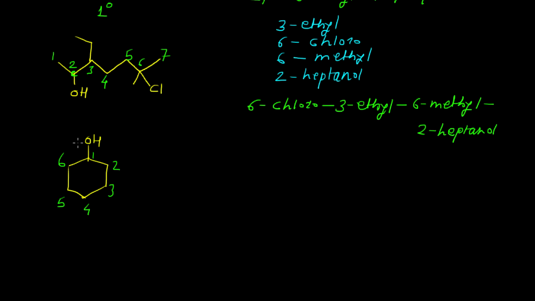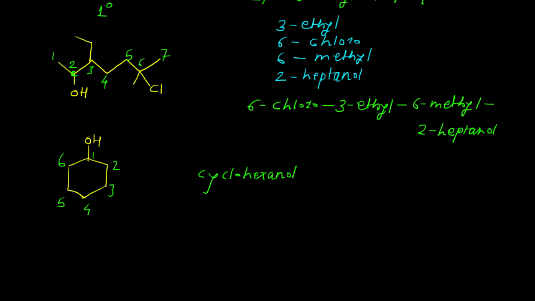Here you can start in anti-clockwise direction also, because there is no substituent. So we can start clockwise as well as anti-clockwise. But if substituents are there, we have to take precaution. Here the OH group is present on a cyclic compound, so we must use cyclo as a prefix while writing the IUPAC name. So this will become cyclohexanol, because total number of carbon atoms are 6. So this will become hexanol.